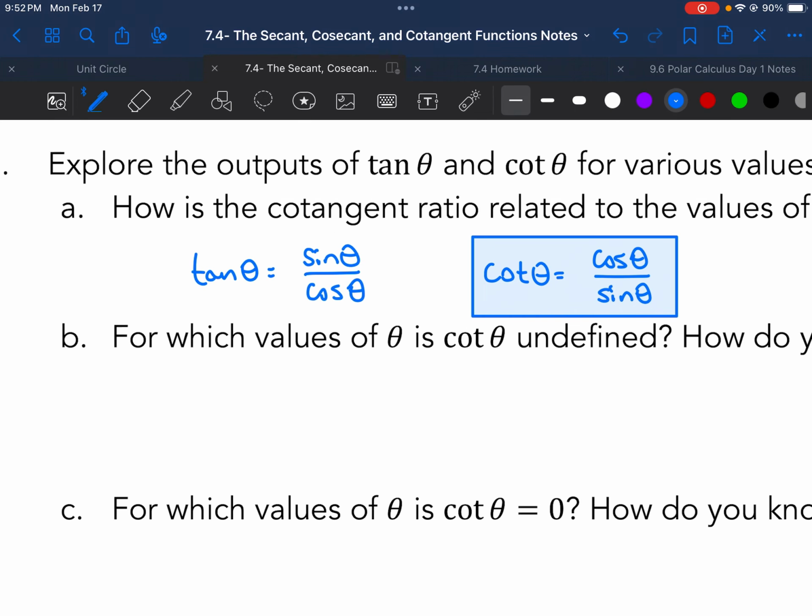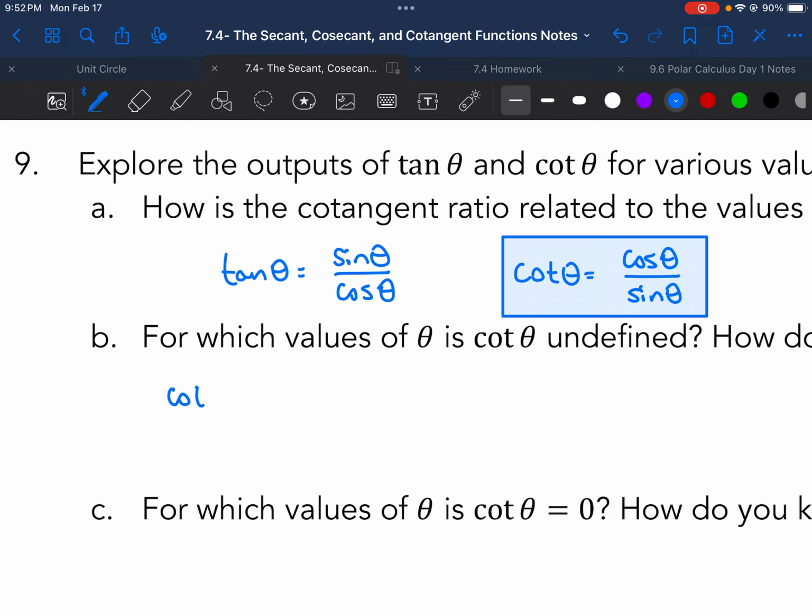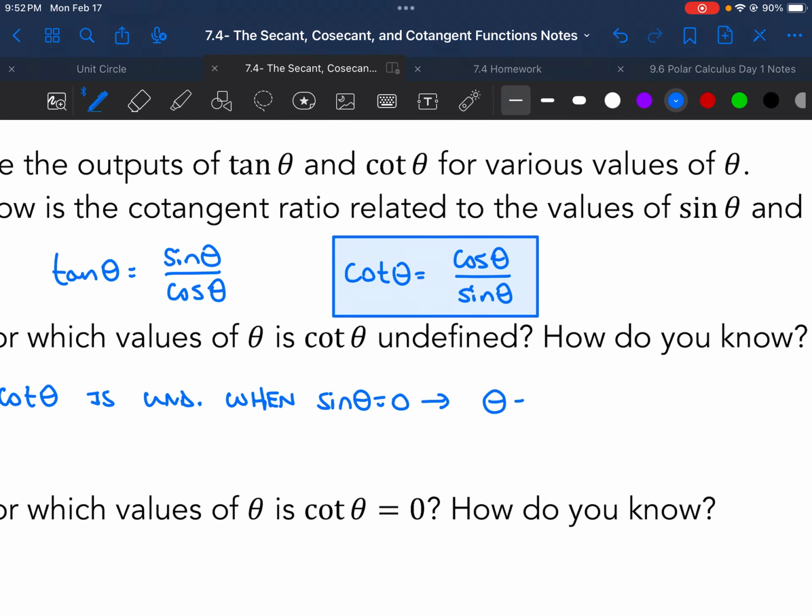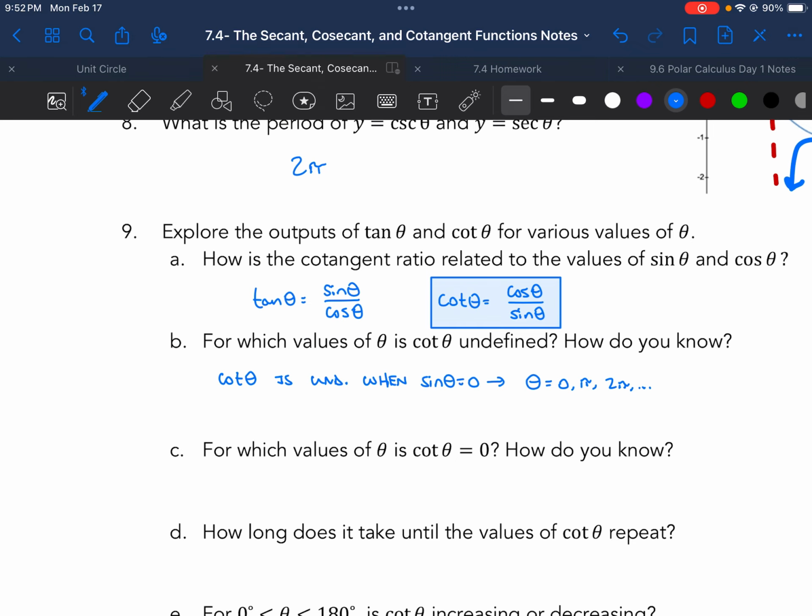So, cotangent of theta is undefined when sine of theta equals 0. Sine of theta is 0 for 0, pi, 2 pi, so on and so forth.